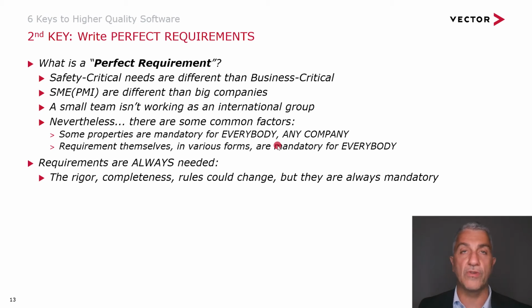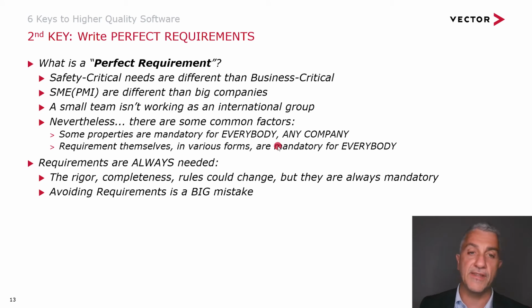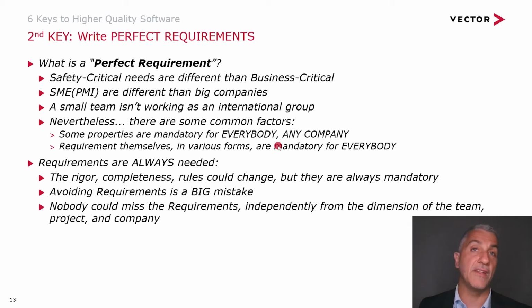And so you should write very good requirements, perfect requirements. Avoiding requirements, using other forms of specification, etc. could be a big mistake that you should not make. Nobody could miss the requirements, independently of the dimension of the team, the project, or the company.